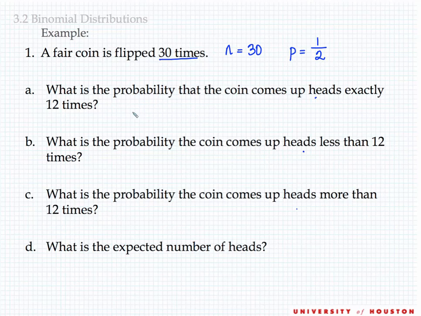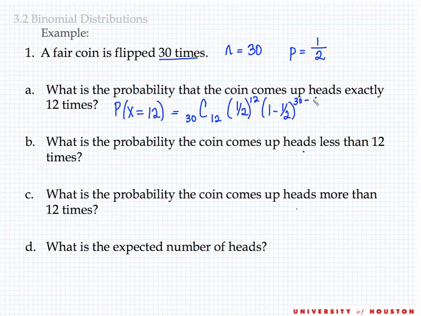What's the probability that the coin comes up heads exactly 12 times? According to our formula, we will do 30, our n, choose 12, our k, times the probability of success to the k and the probability of failure to the n minus k.